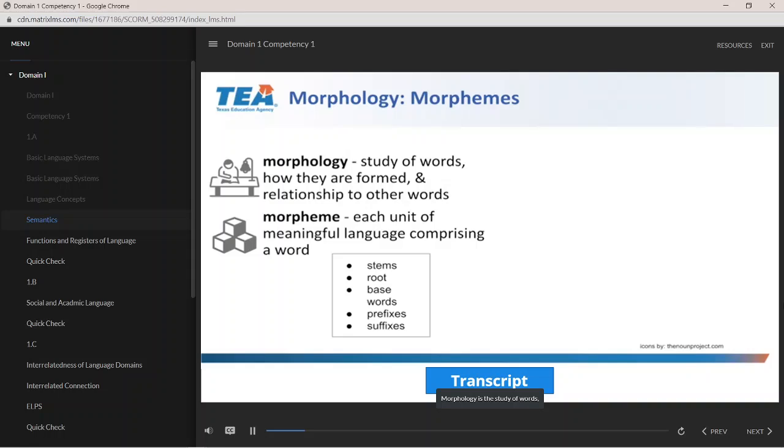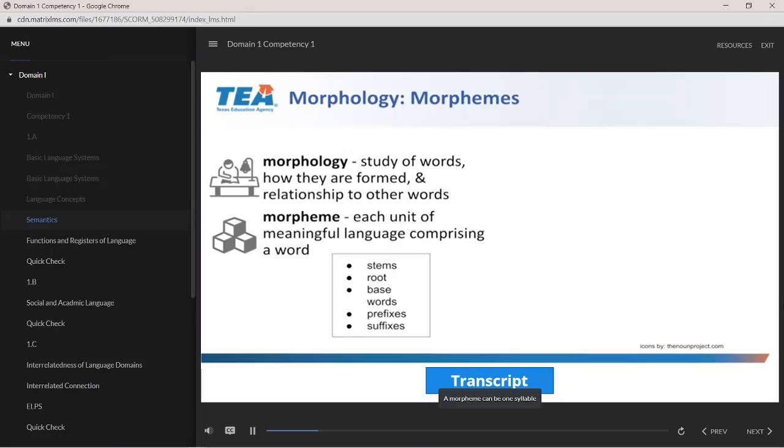Morphology is the study of words, how they are formed, and their relationship to other words in the same language. A morpheme is each unit of meaningful language that comprises a word and cannot be further divided without losing meaning. This includes stems, roots, base words, prefixes, and suffixes.